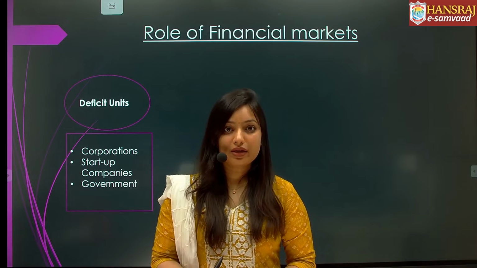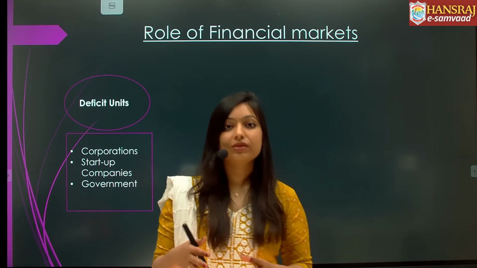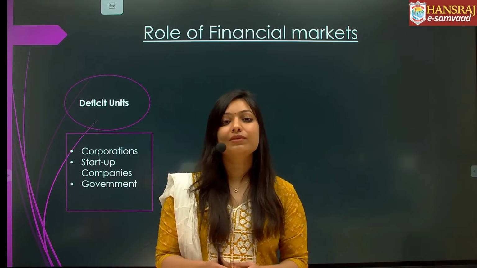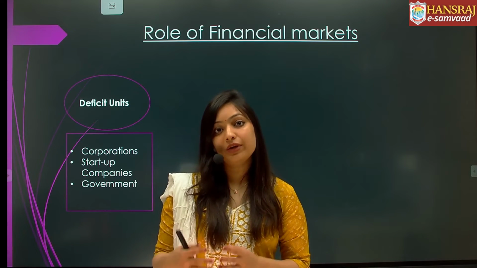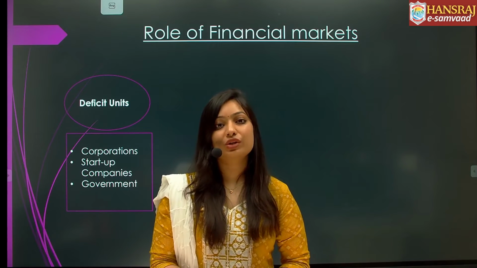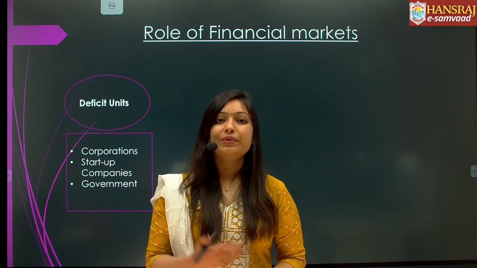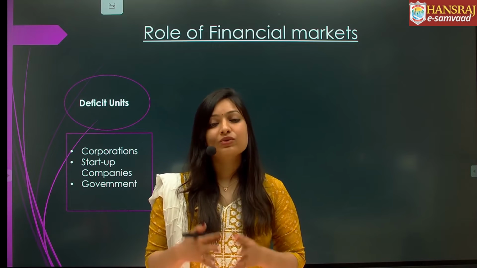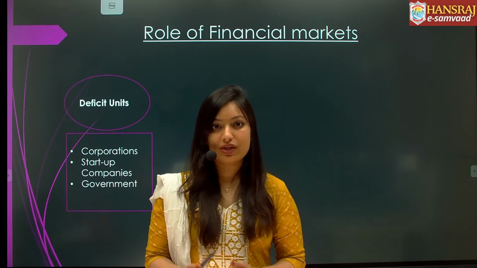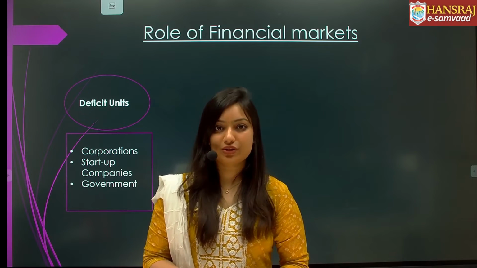Then there are startups who want to start their businesses and need funding in order to establish themselves in the markets. Then there is the government, which requires funds for various investments, like infrastructure, making roads, building parks, etc. These are the units which require funds in order to meet their expenditure, and they borrow their funds from the financial markets.